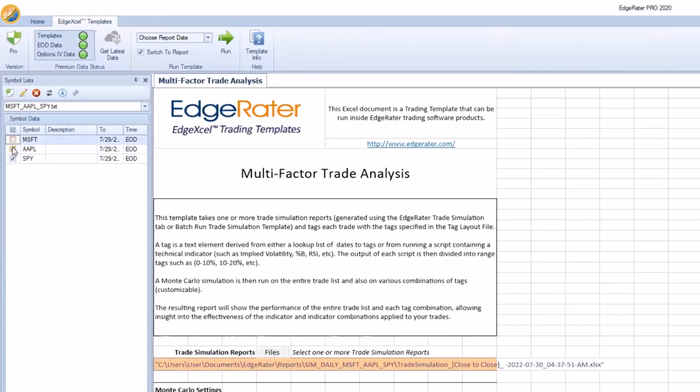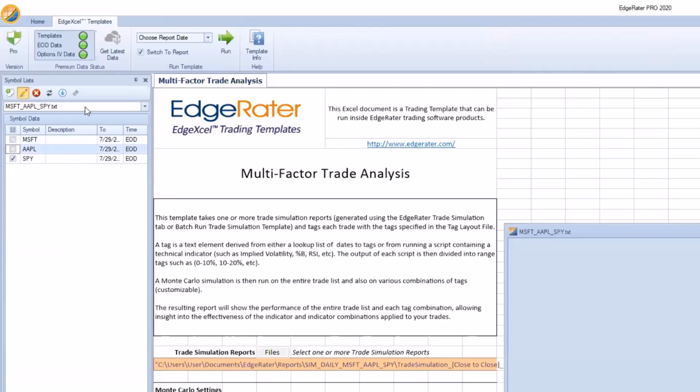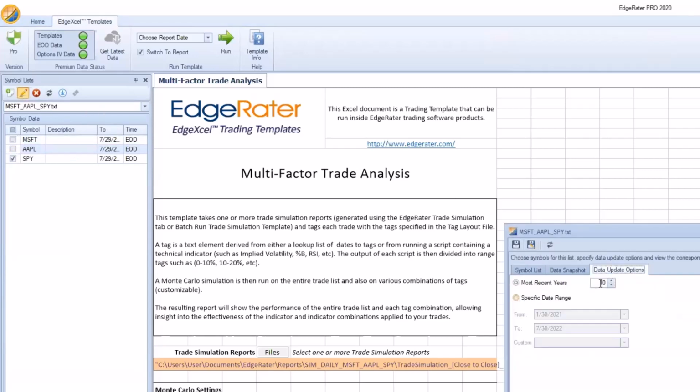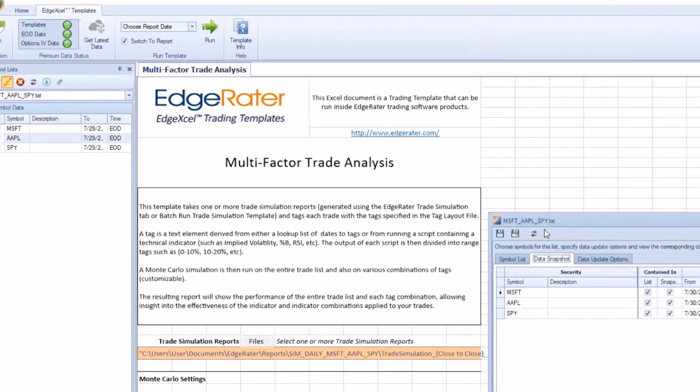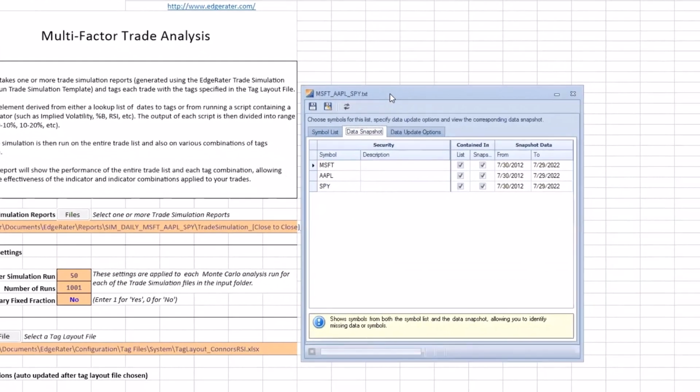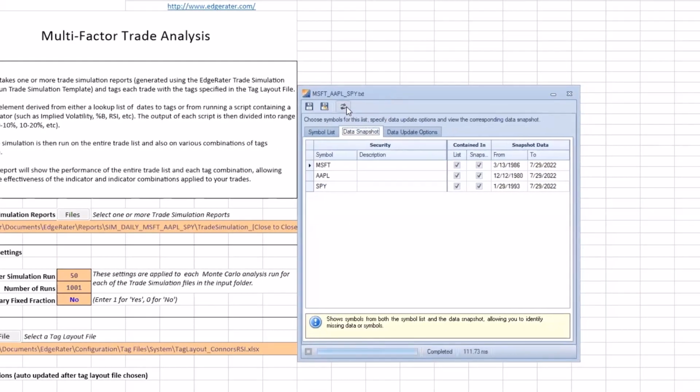I'm just going to choose SPY here, and this list goes back only 10 years, but let's run it through however much data we have for SPY, and grab all that data. Okay, so for SPY, we've got from 1993 to 2022.